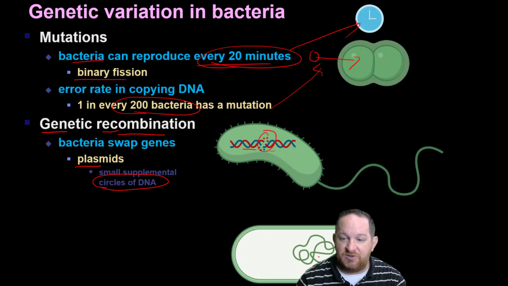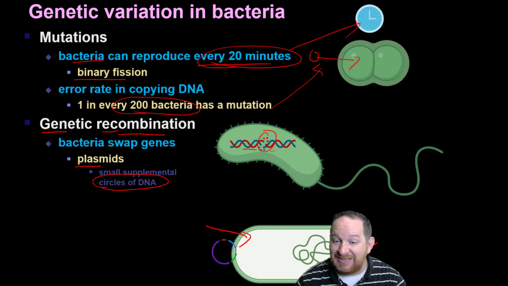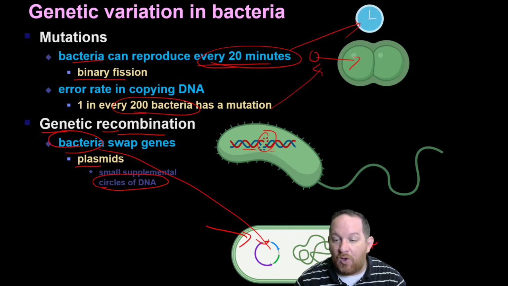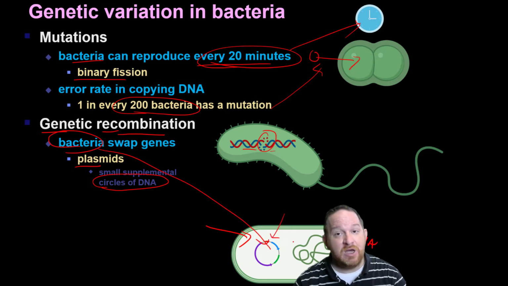So if here's our bacterial cell, there's its normal DNA there, right? And we might introduce a plasmid, a small circular piece of DNA that could be engineered, or it could come from another bacteria. And what will happen is the bacteria will treat that as its own.